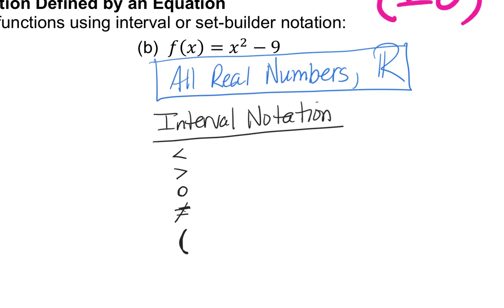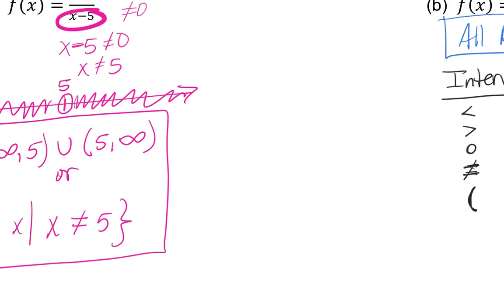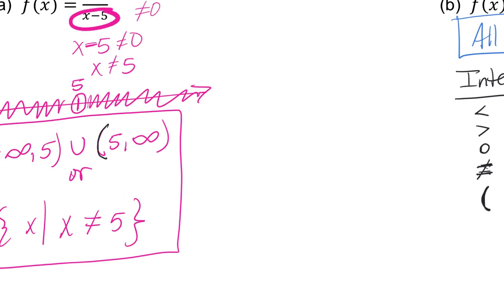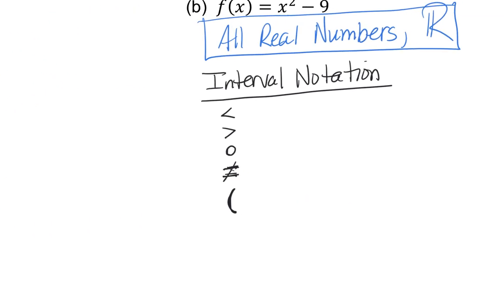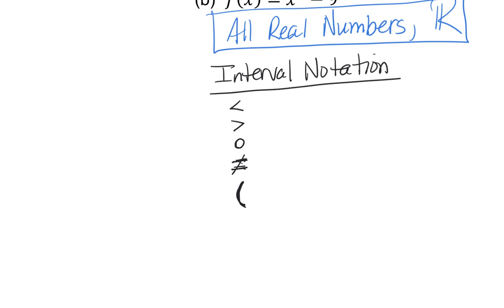All of these things right here mean that it cannot be equal to that number it's touching. So like over here, we had this parenthesis, which meant it cannot be 5, okay? But if you have less than or equal, greater than or equal, a solid circle, equal signs, and then brackets, these are things that say it can be equal.